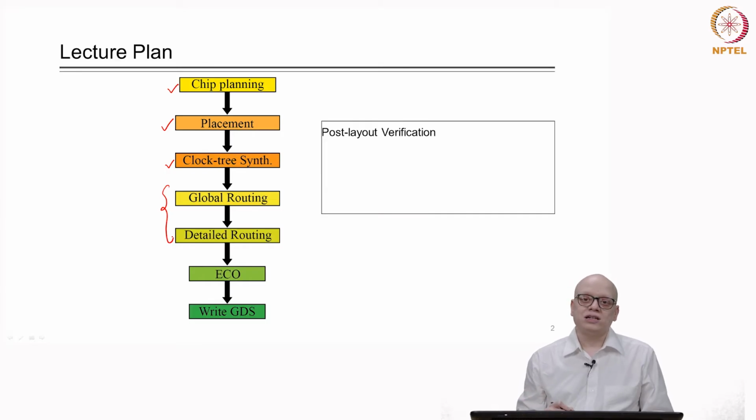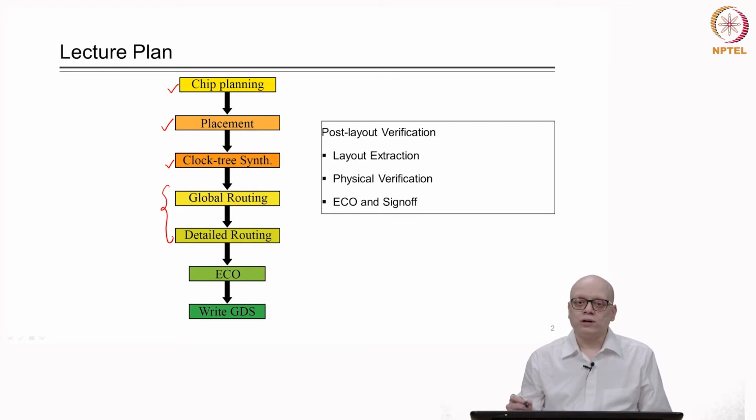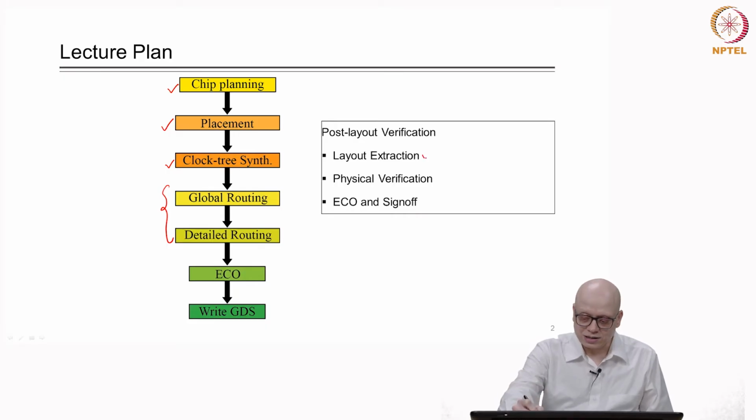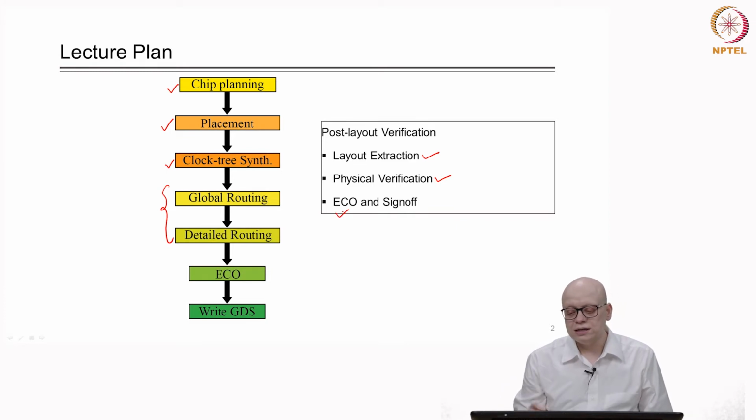So, in this lecture, we will be looking into what these post layout verification tasks are that we need to carry out after detailed routing and before sending the final layout to the foundry for fabrication. Specifically, we will be looking into layout extraction, physical verification, ECO or engineering change order, and sign off.